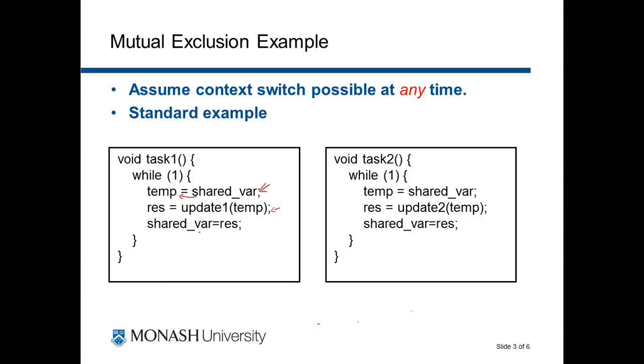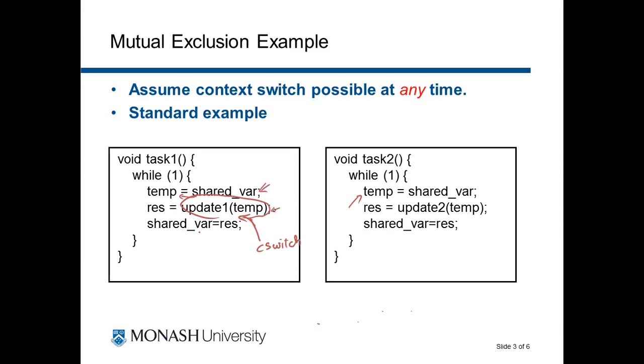Yeah, so imagine what happens if at this point here I get a context switch. Or rather, any point during this update function I get a context switch. Then you can be reading the wrong variable here, or overwrite something.